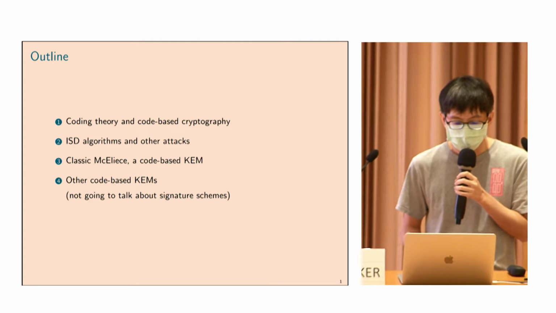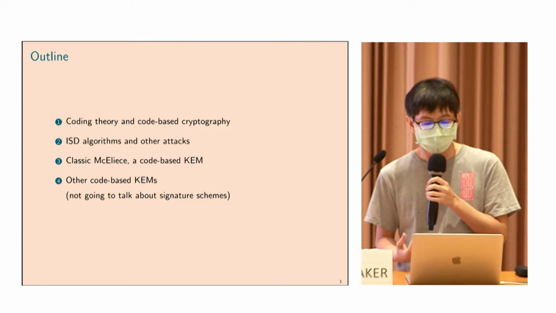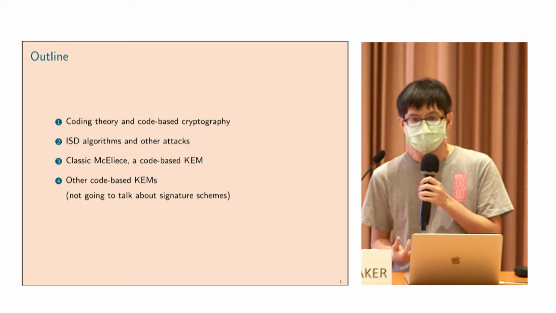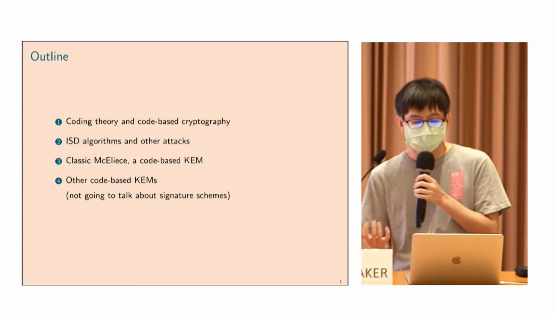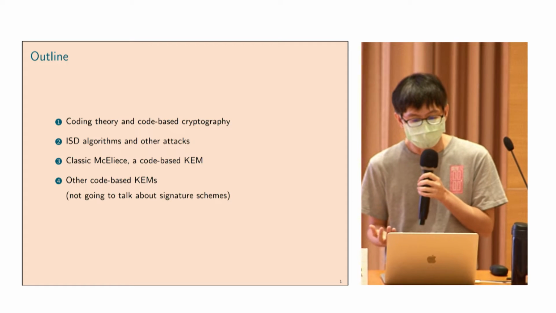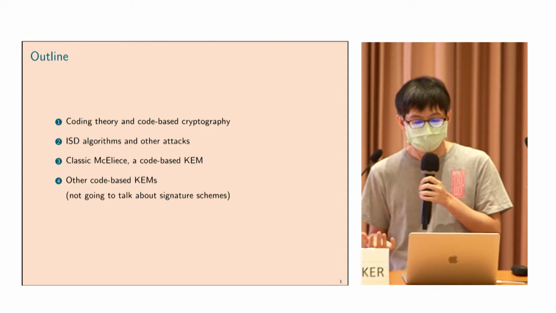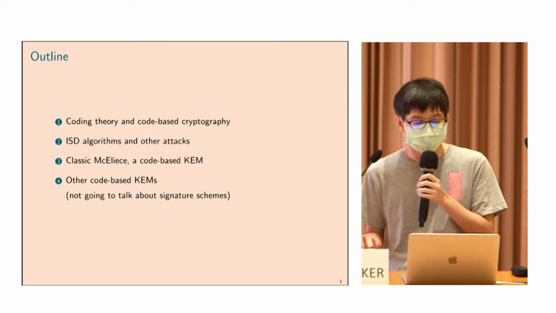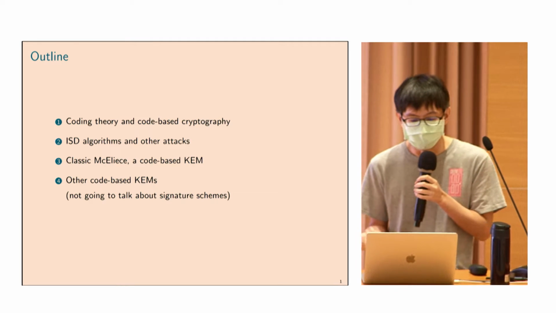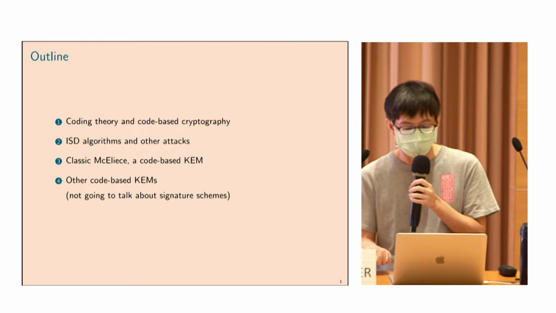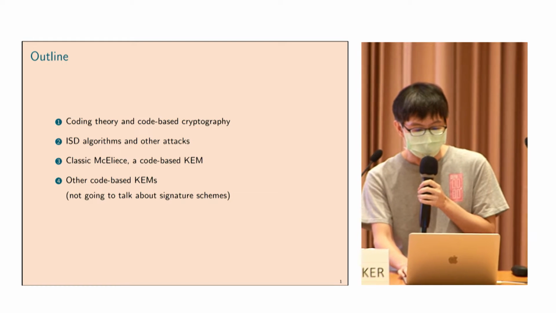What I'm not going to talk about is signature schemes. People have been trying to use code-based crypto to build signature schemes, but for me, this is not a very important topic. Personally, I would say I'm satisfied with using just hash-based signatures. So this is not going to be today's topic.